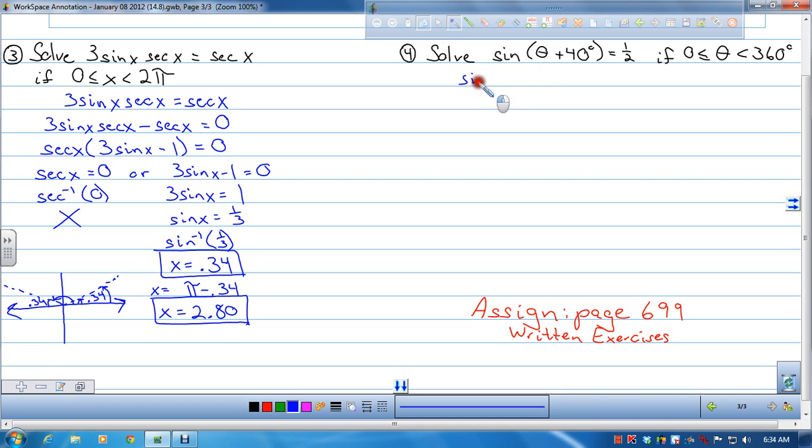So in order to figure out what could possibly be in these parentheses as a whole, I have to do the inverse sine of 1/2. And as we know, that gives us 30 degrees. And we also know that it would be 150 degrees. Now you can get that by taking 180 minus 30. Or you remember, you can look at your unit circle, and these are values that are on our unit circle when sine equals 1/2. Alright?